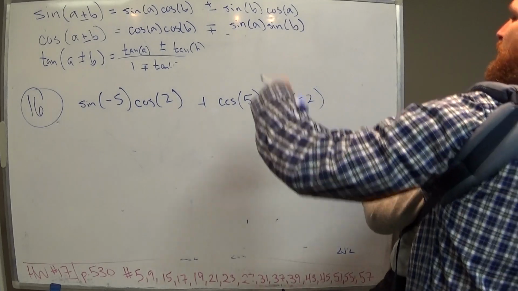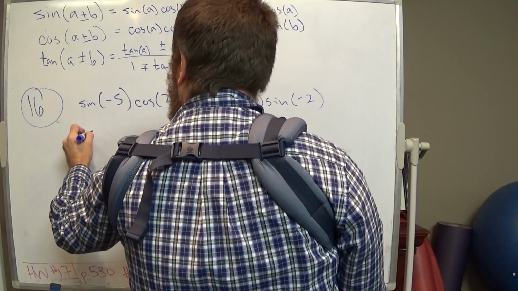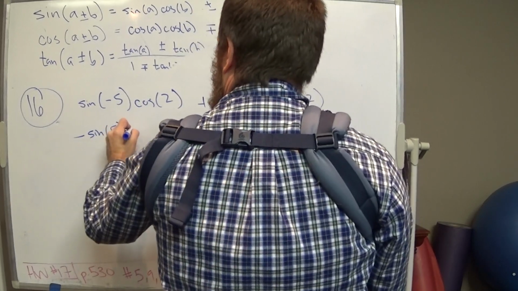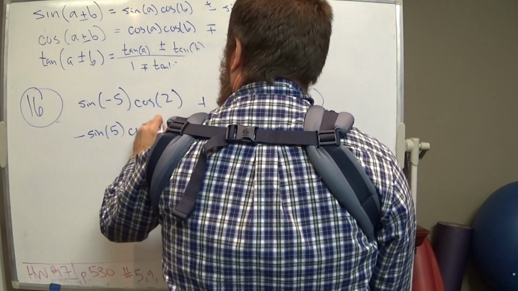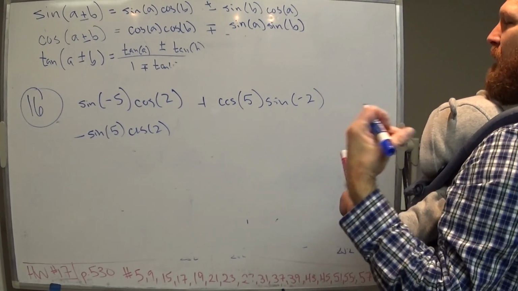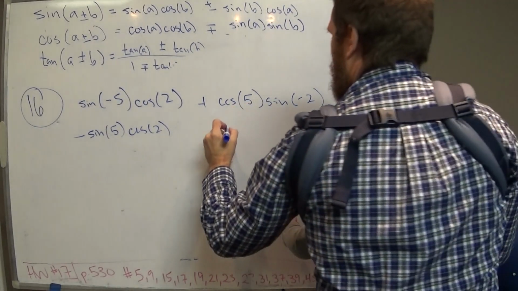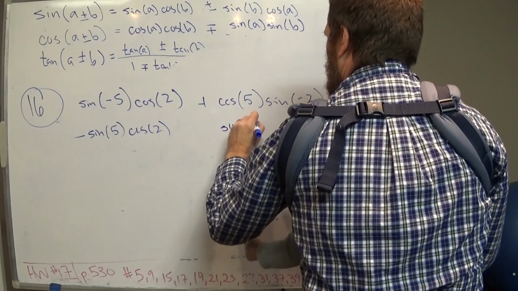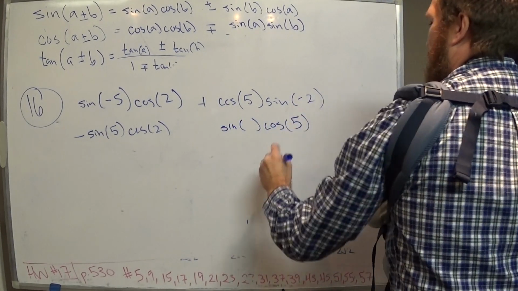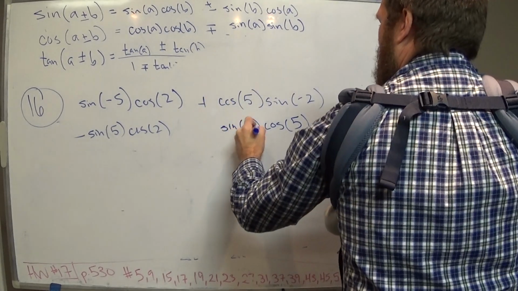I'm going to say the sign comes out, and what happens? It's negative sine, negative that cosine 2. And just because of the way I have it written on the board and in my head, I'm just going to rewrite it with the sine on the left-hand side. You don't have to do that, but that's just how I like to do it. So the cosine is still 5. If I pull that out, then what happens?